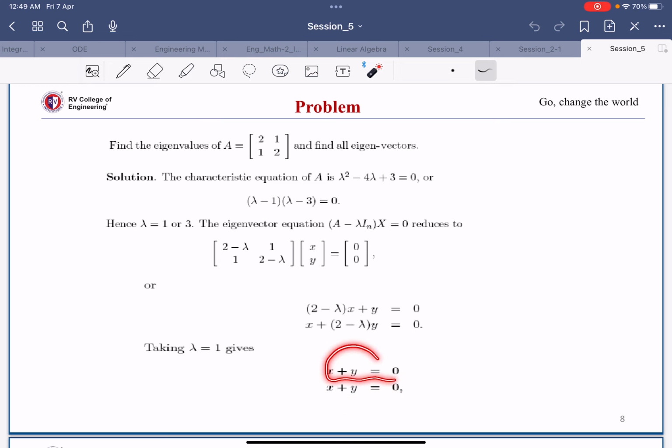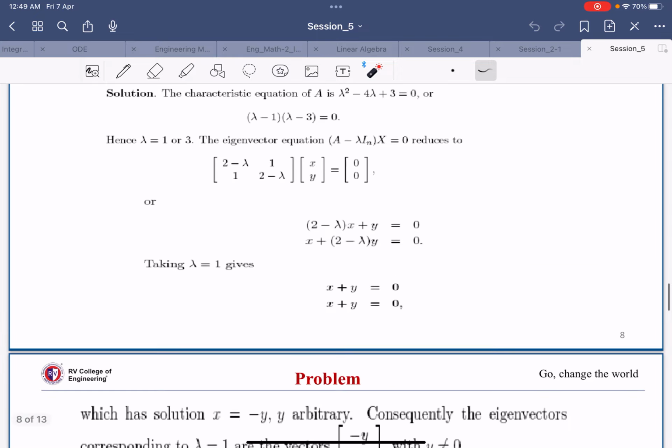So both the equations are same, right? So what is the solution we get? We get x is equal to minus y. So x is equal to minus y is our solution of both the equations.